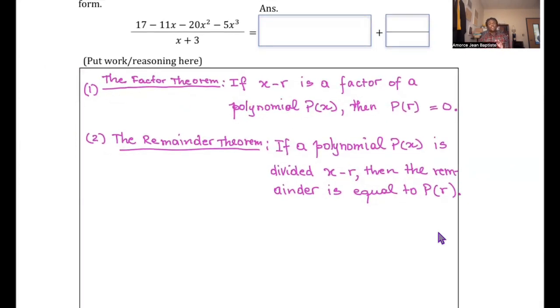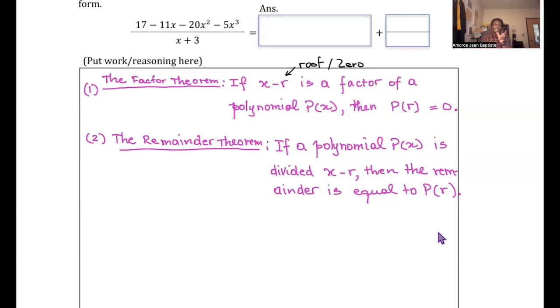It says if x minus r is a factor of a polynomial function, just a polynomial p of x, where r is a root, or zero, of the polynomial, then p of r equals 0.